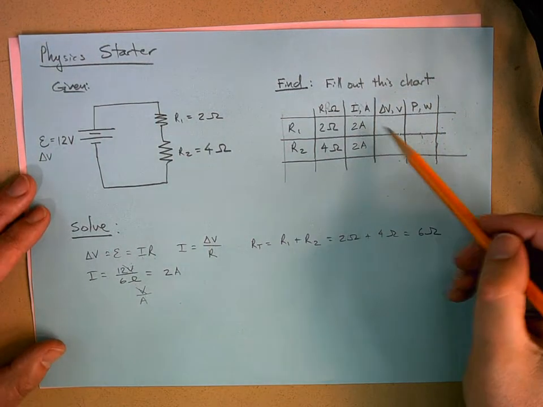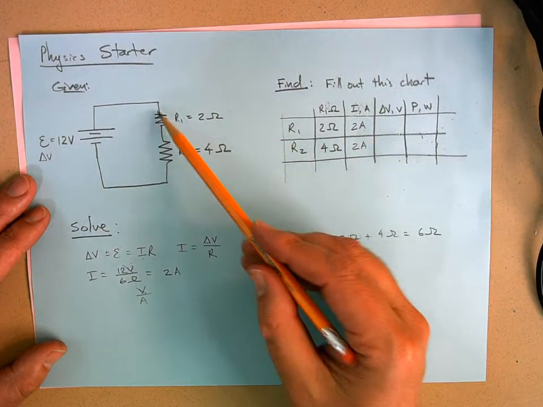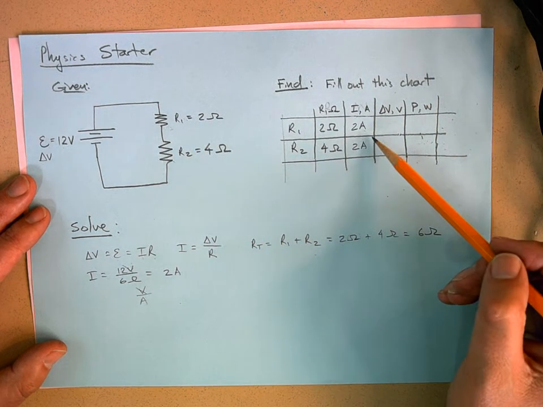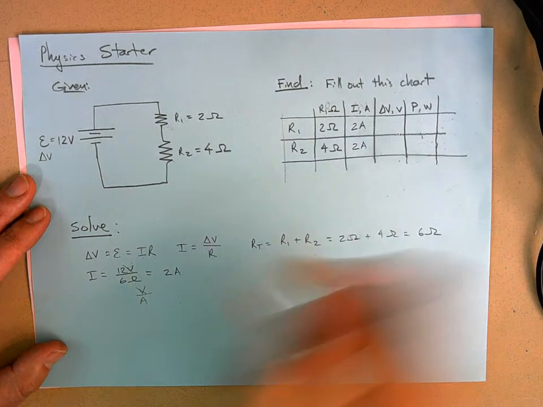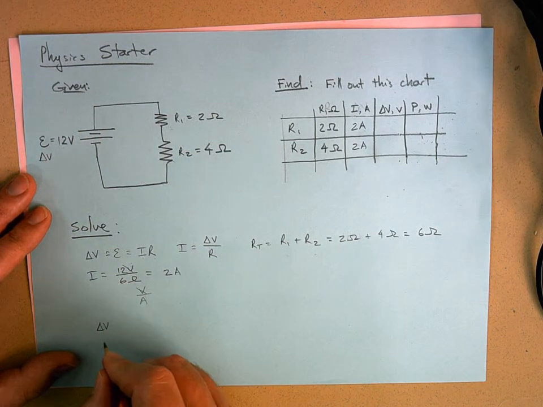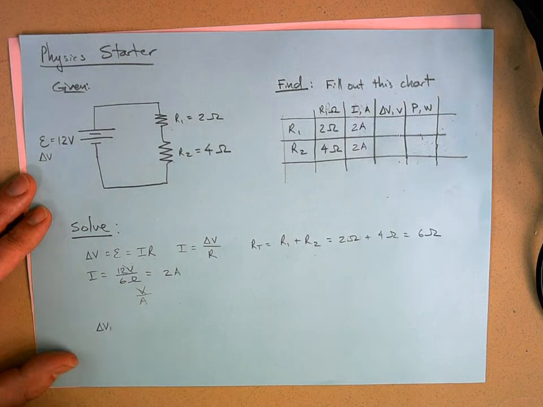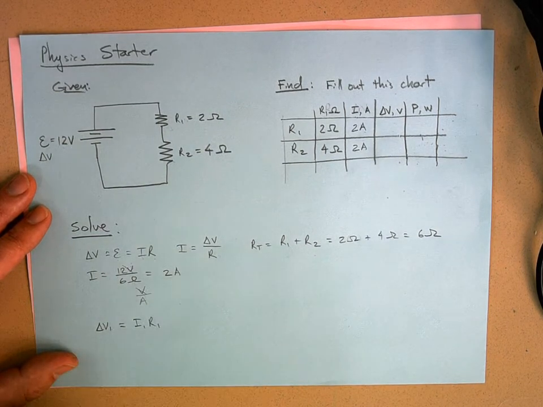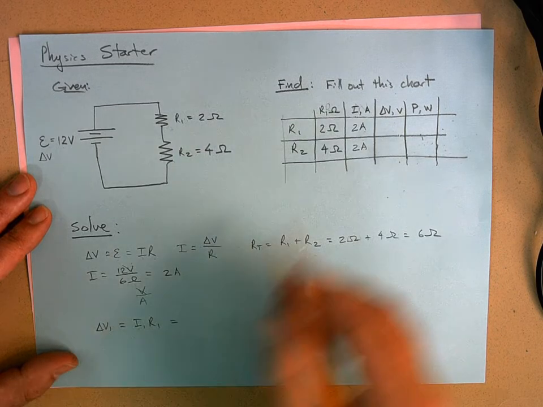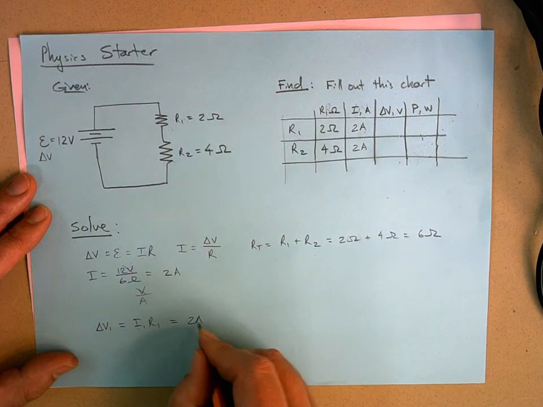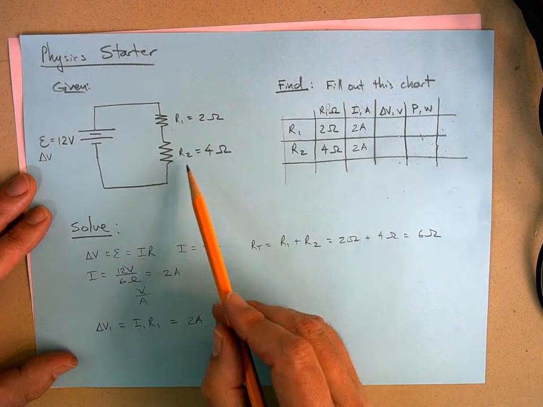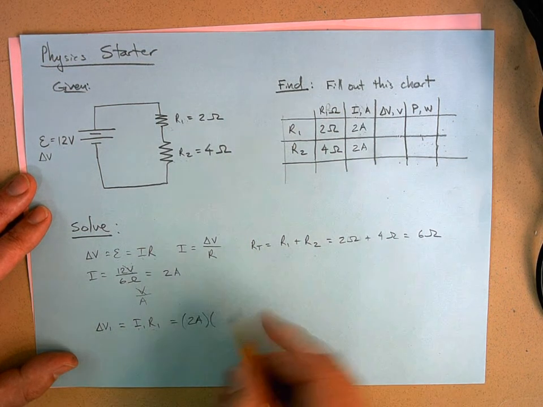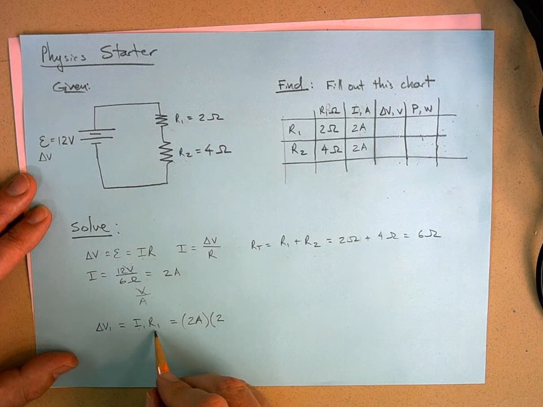Well, now we want to know what the voltage drop is for these, and they'll be different because the resistances are different. But now that we know the current, it's easy to figure out the voltage drop. Delta V for resistor number 1 is equal to I1 R1. Well, I1 is 2 amps. And our I2 is also 2 amps. They have the same current. They're in series. And then R1 is 2 ohms.